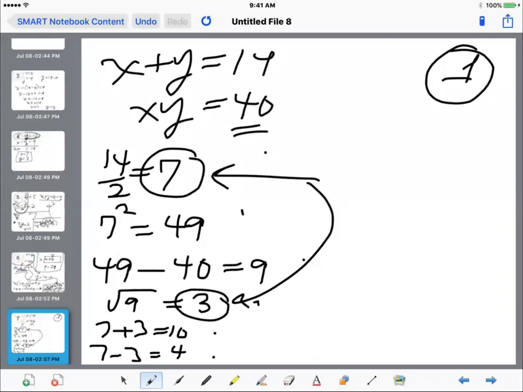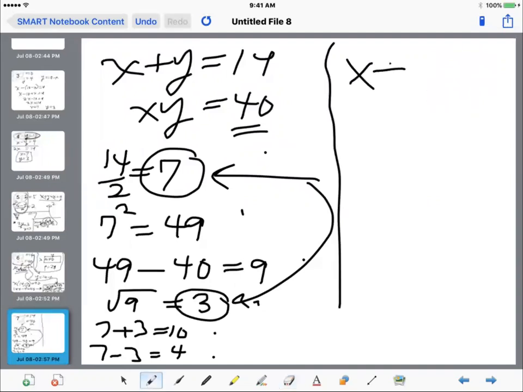Let's keep that up on the screen and have you do a practice question like this. So all I'm going to do is change the numbers. I'll even make them smaller.